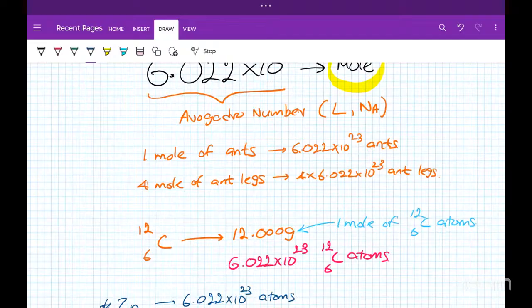This number was found by Amedeo Avogadro.